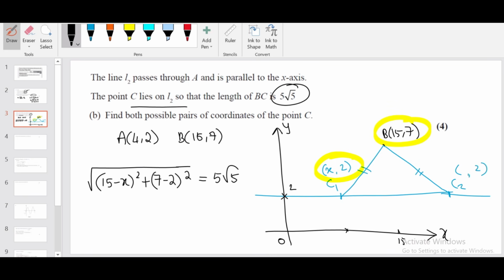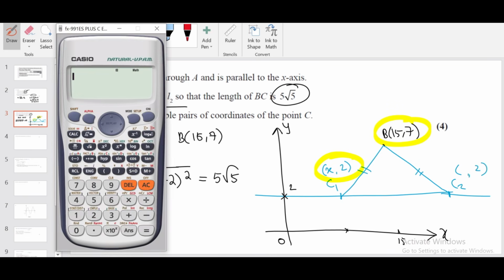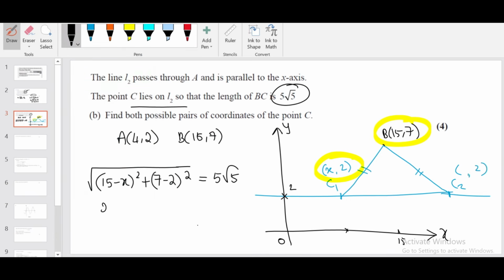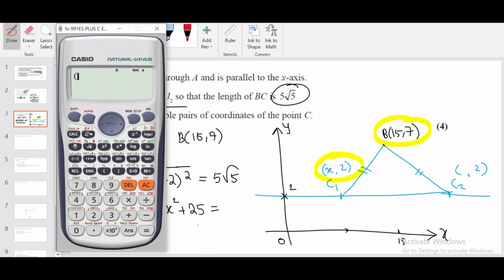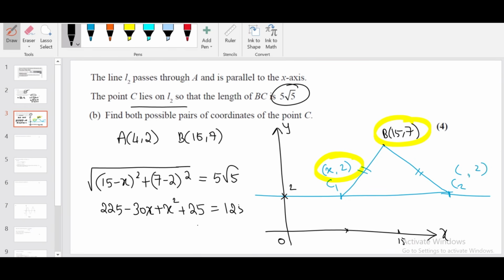So remove the square root and expand the bracket. 15 square is 225, minus 30x plus x square, plus 7 minus 2 is 5, square is 25, is equal to, when you square 5 root 5, you will get 125.